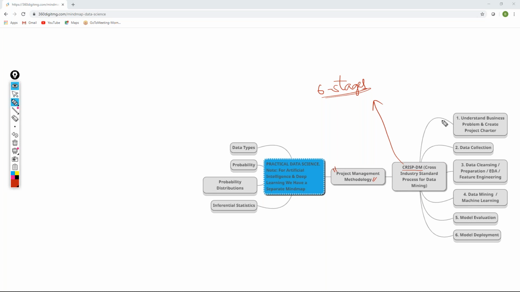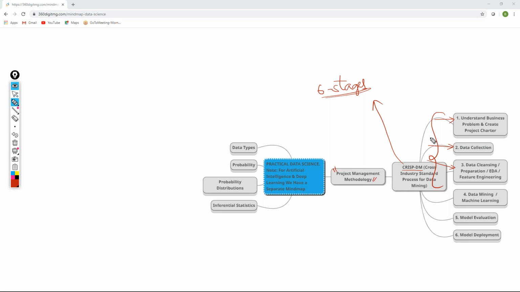Stage 1 is understanding the business problem. Stage 2 is performing data collection. Then you proceed with the third step, which is data cleansing or data preparation, exploratory data analysis, or feature engineering.